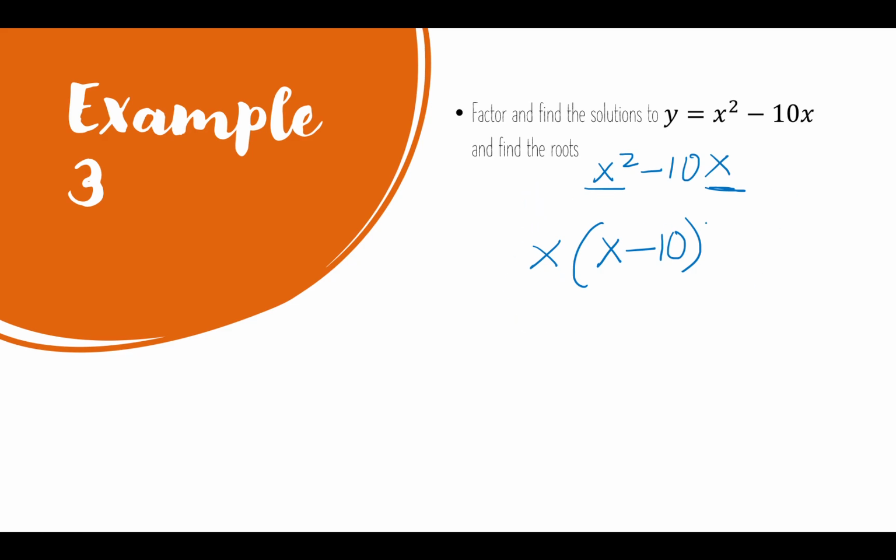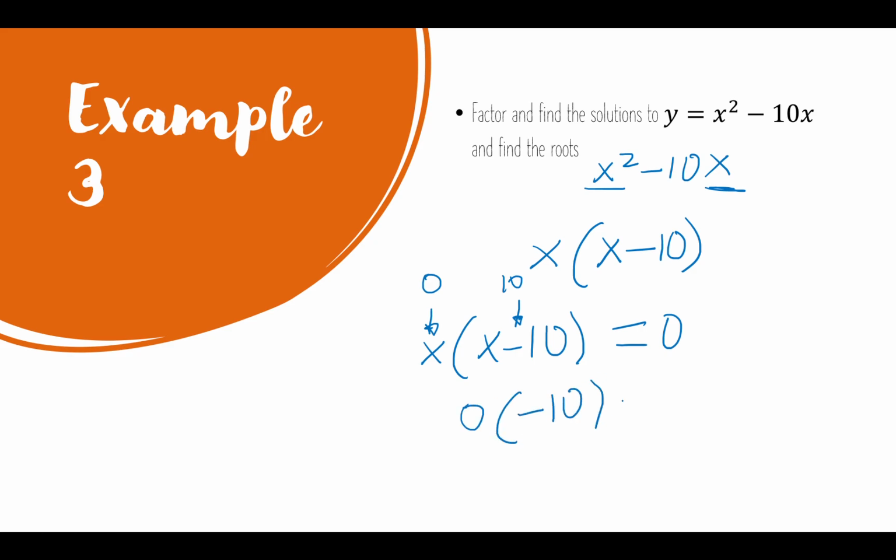From here, we need to see at which values this equation will equal 0. So we can set it equal to 0. Once we set it equal to 0, we can see that when x is 0, or when x is 10, this equation will be equal to 0. When x is 0, this will be 0 times -10, which is 0.